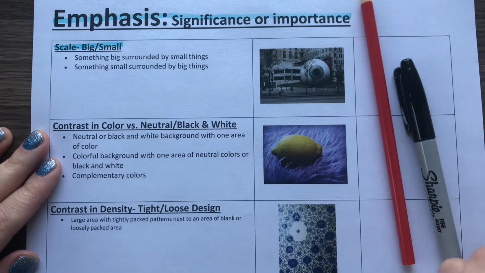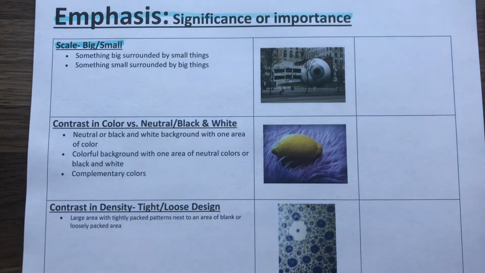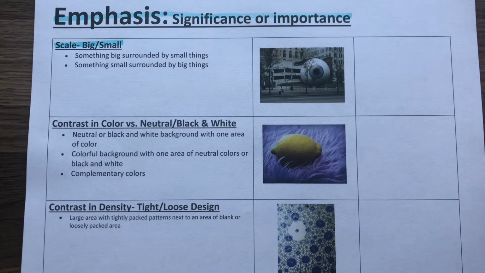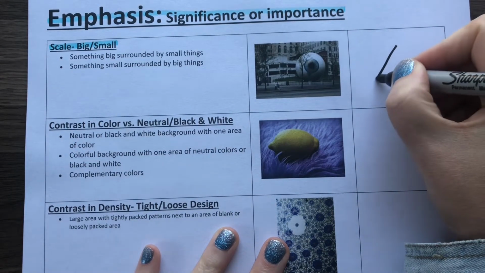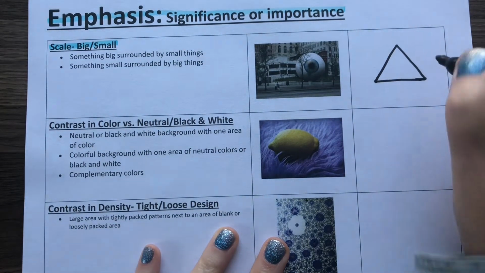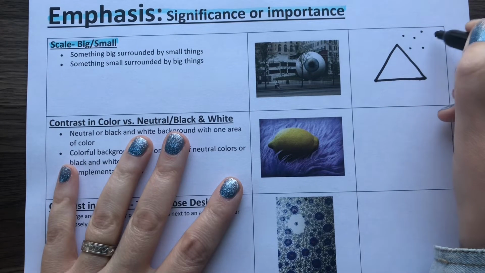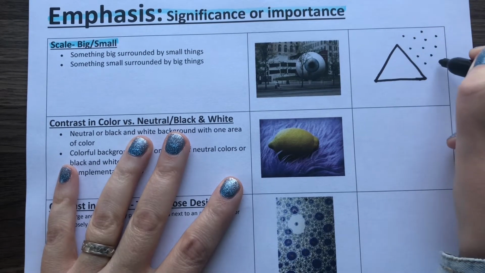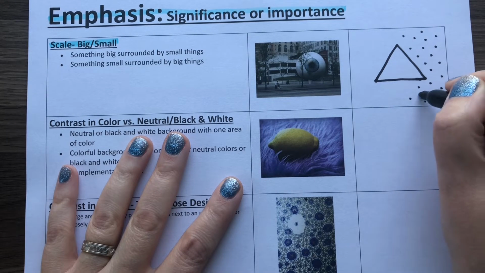In our worksheet here, we're going to be looking at scale as either something big surrounded by smaller things, or something small surrounded by bigger things. I'm going to go for that first one. If I have a big shape here and then I add a bunch of smaller things around the outside, what ends up being emphasized?